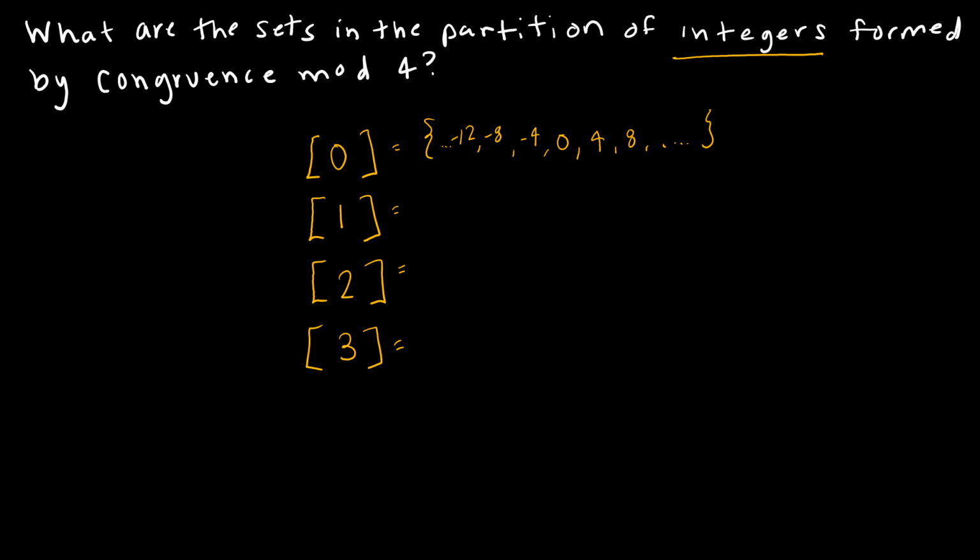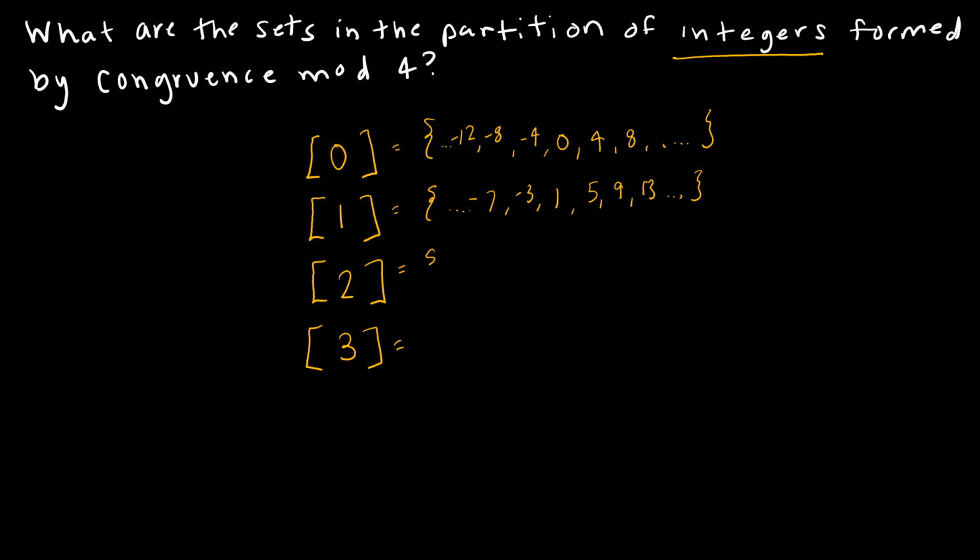Now let's look at the equivalence class for 1. So I know for sure that 1 has a remainder of 1 because 4 goes into 1 0 times with a remainder of 1. And essentially I'm just going to add 4 and add 4 and add 4. And then I'm going to subtract 4 and subtract 4 and know that it goes forever in each direction.